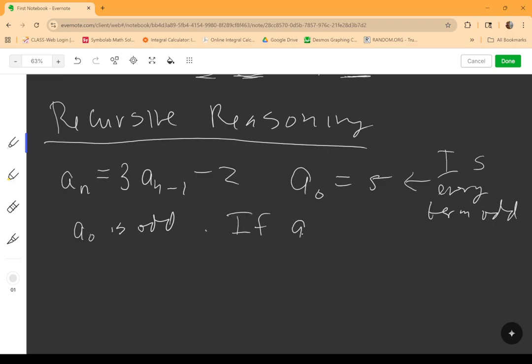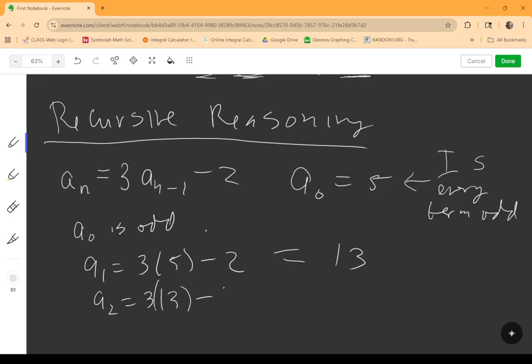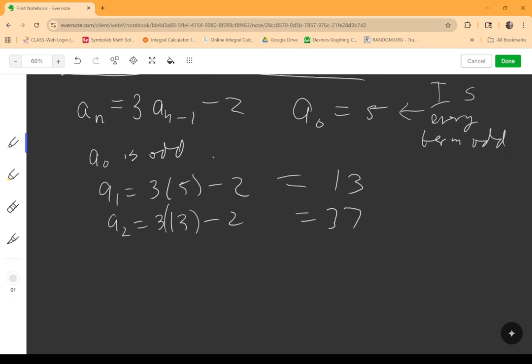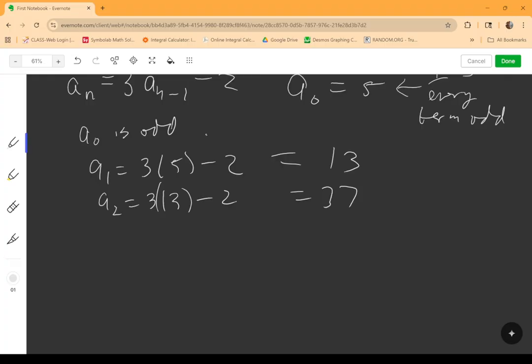If a sub k is odd, well, just to list a couple of examples, a1 would be 3 times 5 minus 2. So that's 15 minus 2, which is 13. a2 would be 3 times 13 minus 2, which is 37, etc.